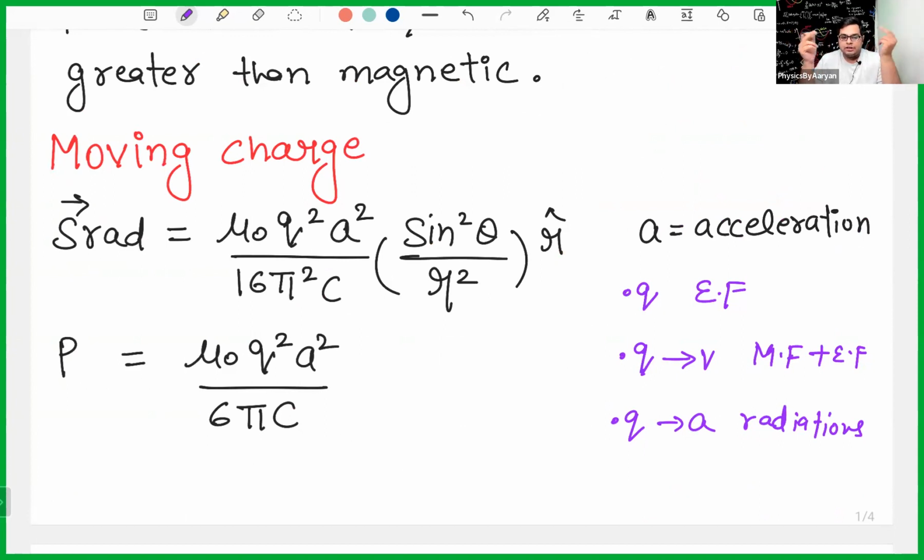If you go for the power, it is mu naught q square a square by 6 pi c. So two formulas are there for the moving charge. If your charge is moving and accelerating, it will radiate, and he can either ask you about the intensity or about the power. These are the two formulas that you will use.